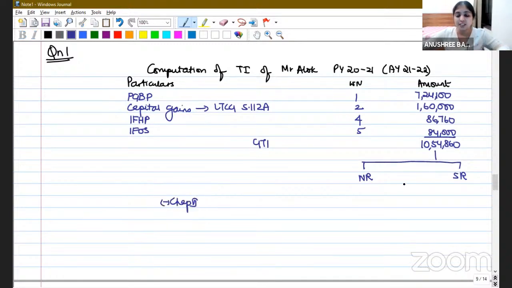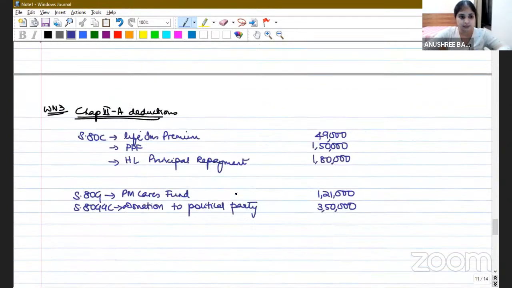So what is my normal rate income? Everything else except 112A. Special rate income, I have 1,60,000 under 112A. The balance is normal rate income, 8,94,860. From this, I will subtract my chapter 6A deduction, which is there in working note number 3.